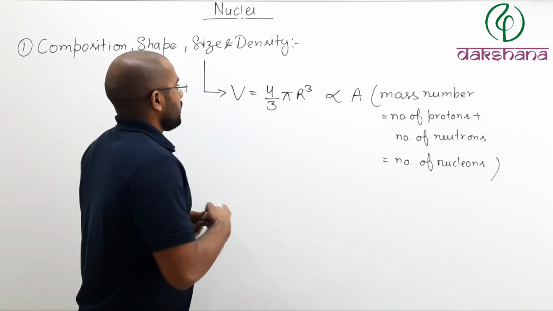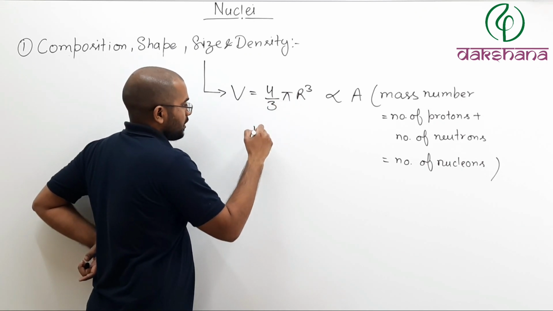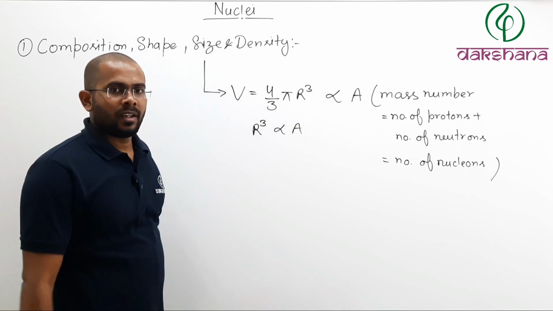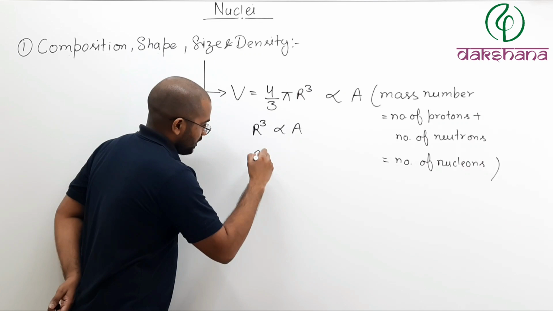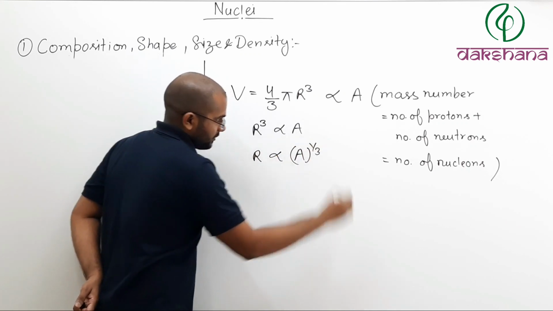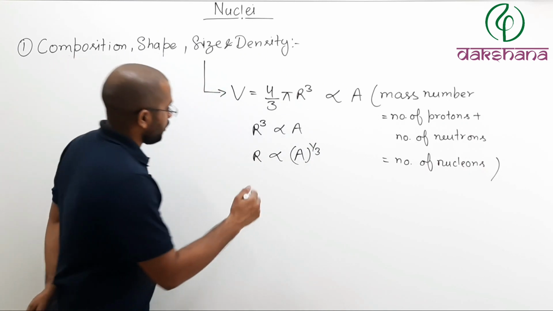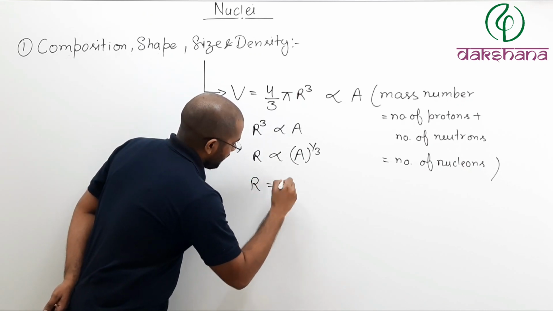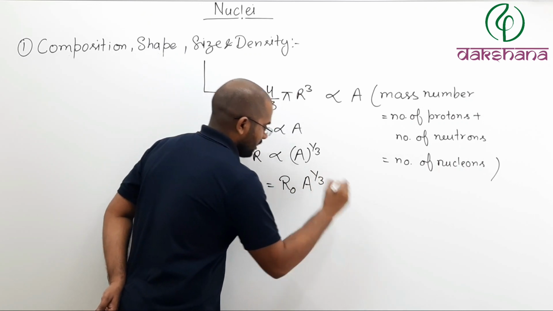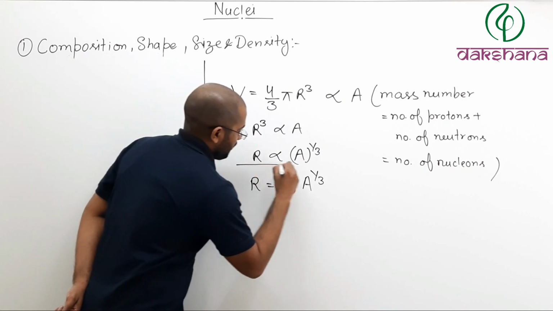Now 4 by 3 pi is a constant. So I can also write it as r cubed is proportional to A, which can also be written as r is proportional to A to the power 1 by 3. And from experimental analysis, we came to know that r can be written as r naught A to the power 1 by 3, where r naught is a constant.